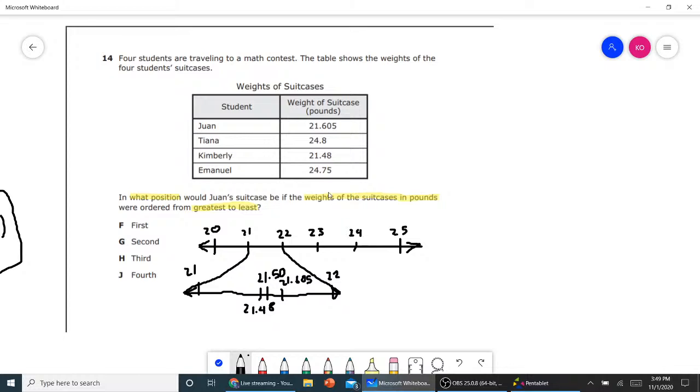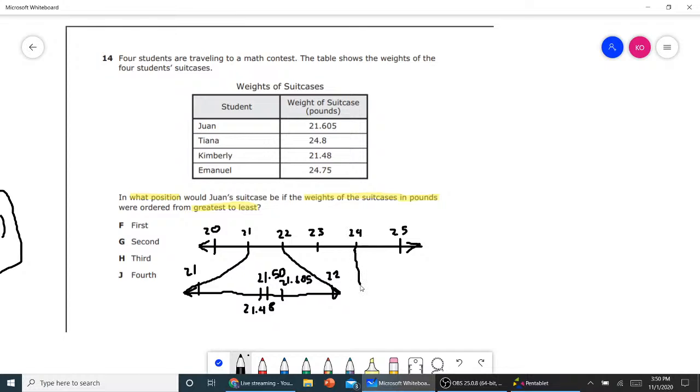Now let's look at our other numbers, 24.8 and 24.75. We can see these are about 24, so they'll be in the range of 24 and 25.